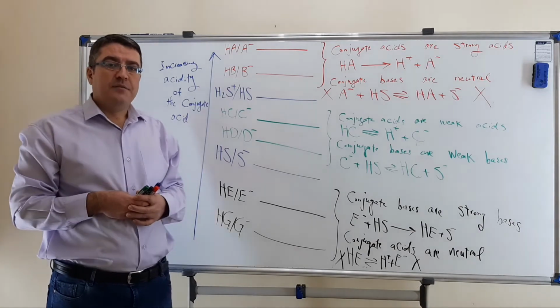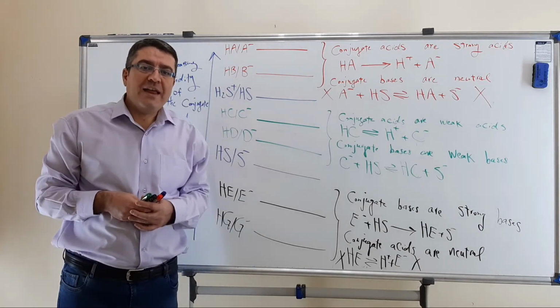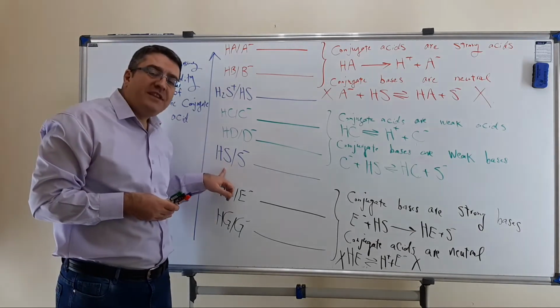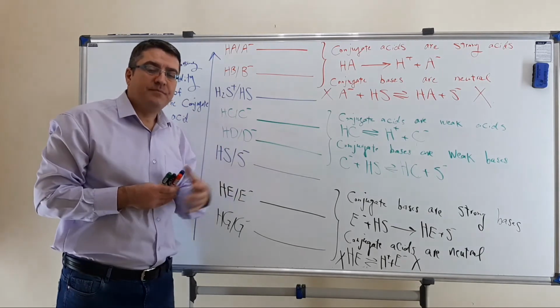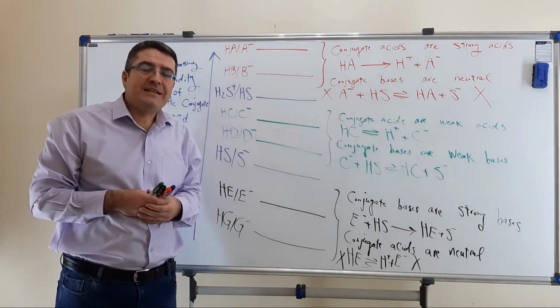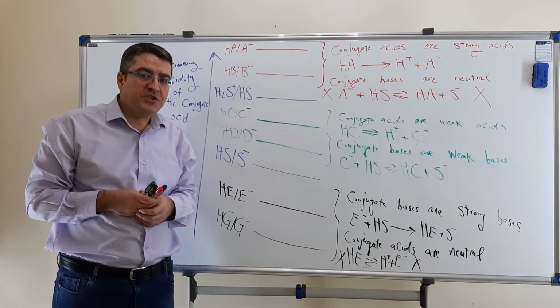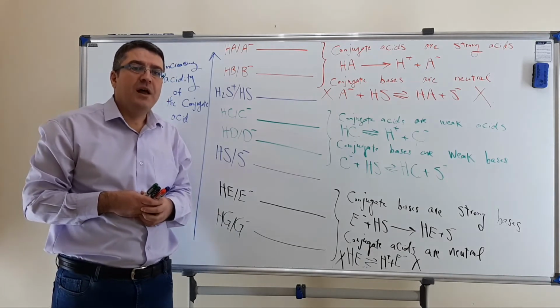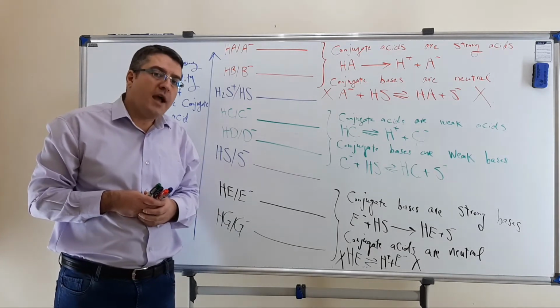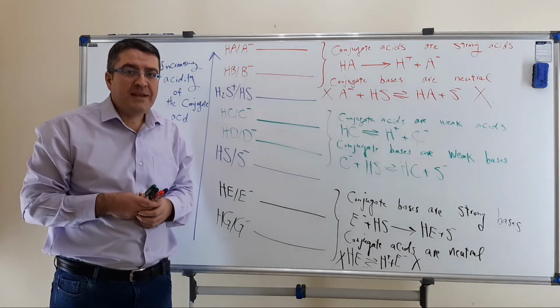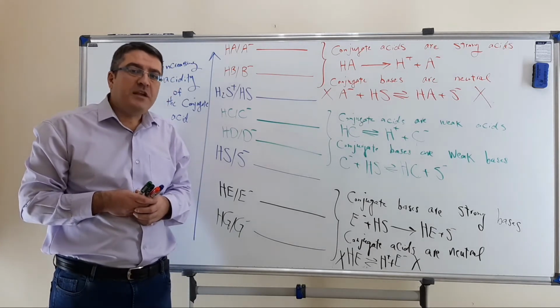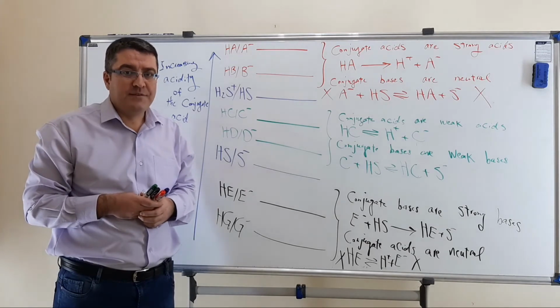For example, when acidity of the solvent increases, the basic properties of chemical species increase. For example, a non-electrolyte may become a weak base. A weak base may become a strong base.